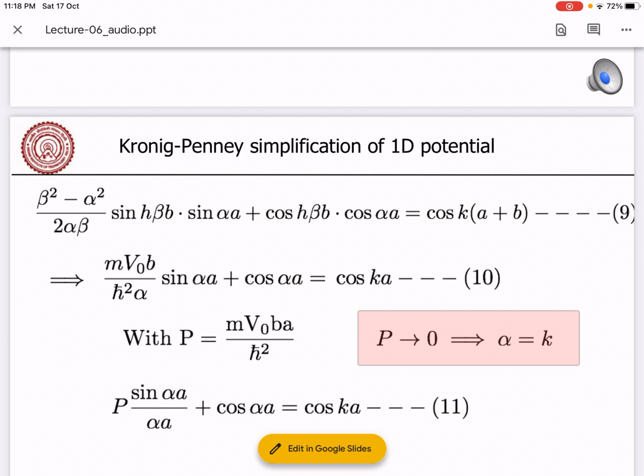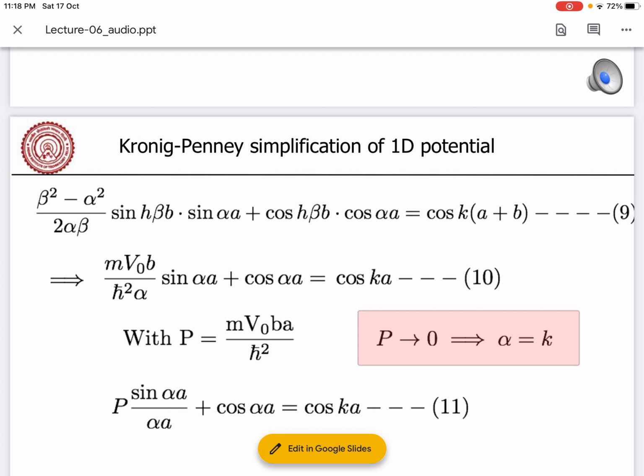And P is this factor that represents the strength of the binding of the electrons. The larger the V0 value, the stronger the binding of the electron to that lattice point, or to that particular atom, at that particular location.